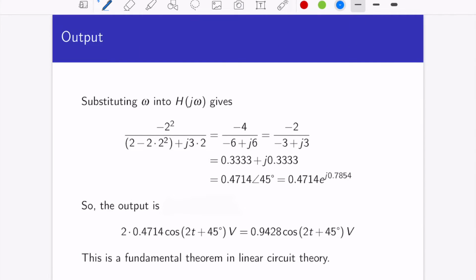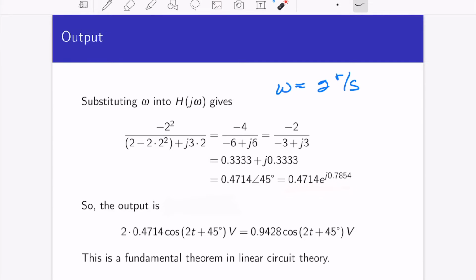What we're going to do is, we know that omega was 2 radians per second for our example. So we plug in omega is equal to 2, and we come up with a value. We write it in rectangular form, polar form, doesn't matter. So here it is in rectangular form, here it is in polar form, and here it is in number form.